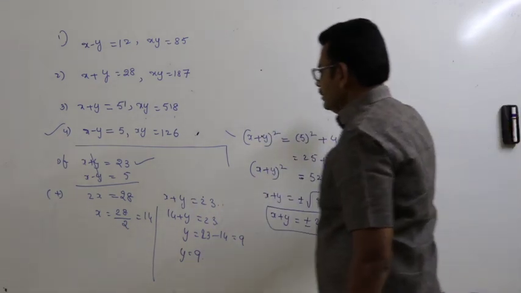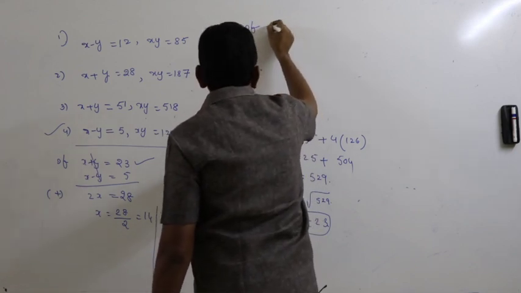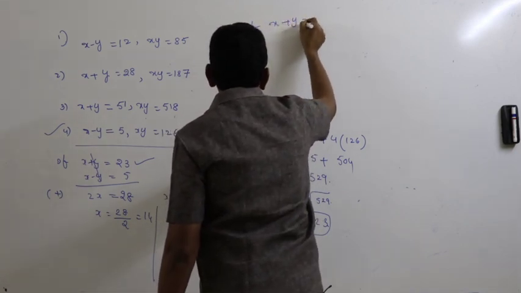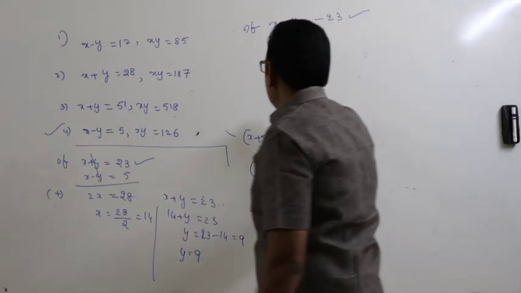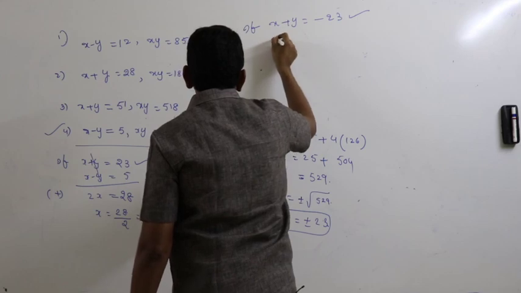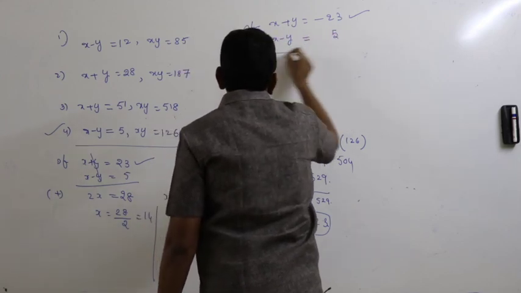So if you take x plus y is equal to minus 23, and x minus y is equal to, already given, 5.